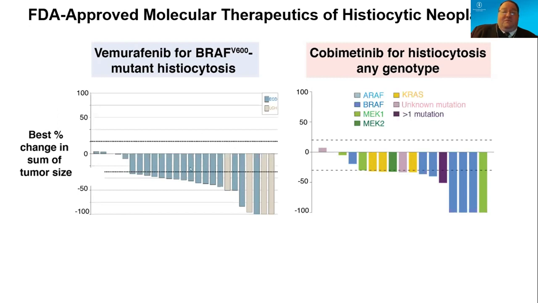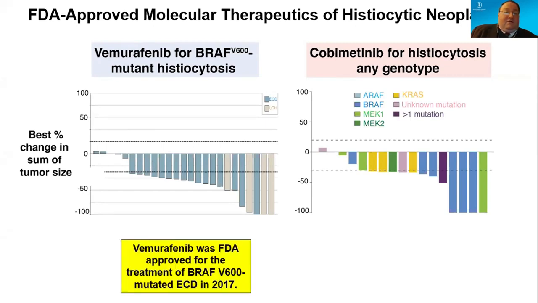This was also confirmed by studies from the French group led by Julien Haroche and Jean Donadieu. All of this led to the FDA approval of vemurafenib for BRAF-V600 mutated Erdheim-Chester disease in 2017, providing the first FDA-approved therapy for histiocytoses, particularly for Erdheim-Chester disease and not LCH, which is still being studied more extensively.